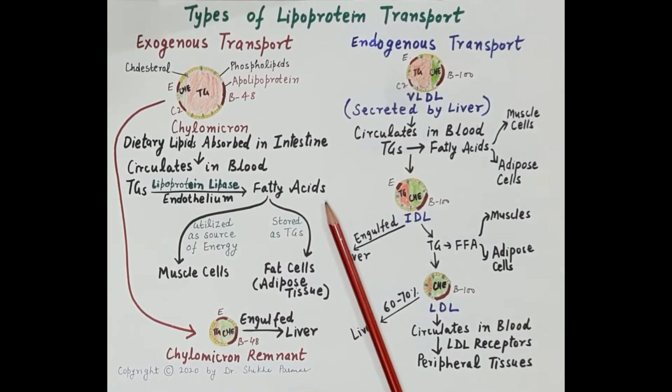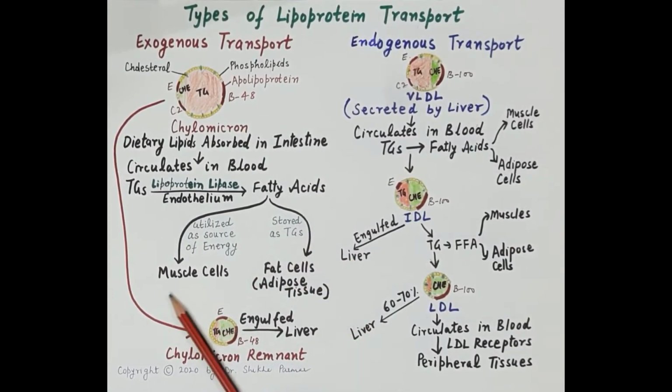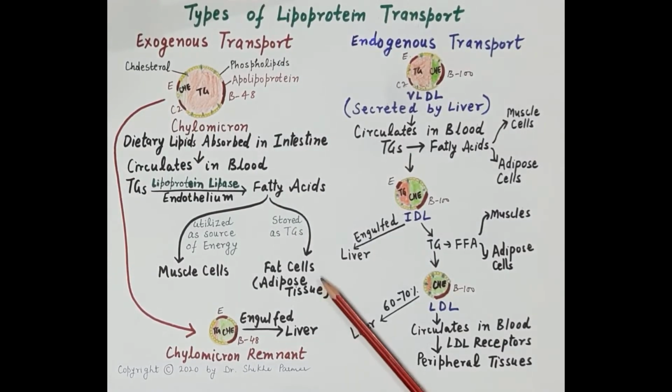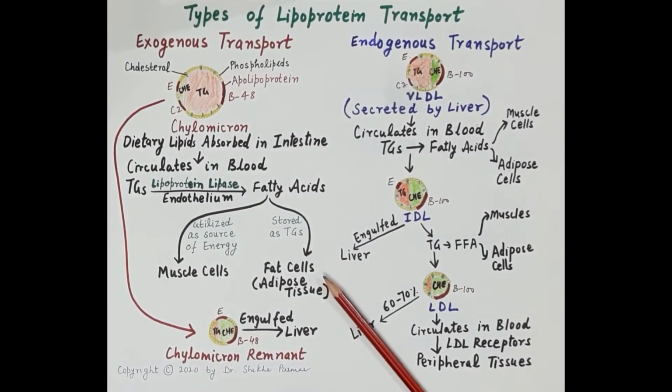These fatty acids pass into muscle cells and the adipose tissue. In the muscle cells, these fatty acids are utilized as a source of energy, while in the adipose tissue, or fat cells, these fatty acids are reconverted into triglycerides and stored.